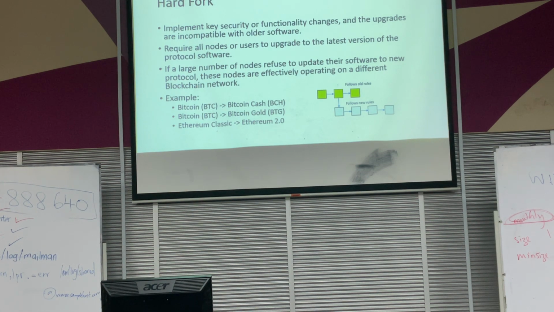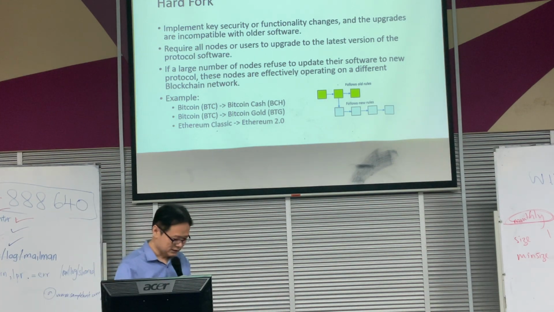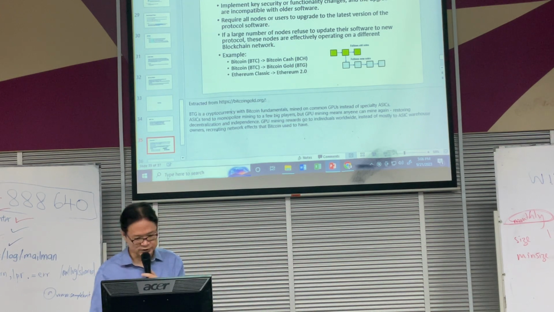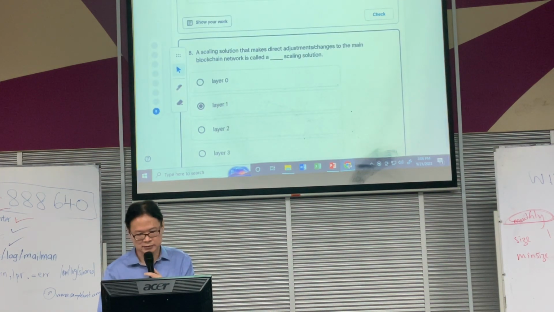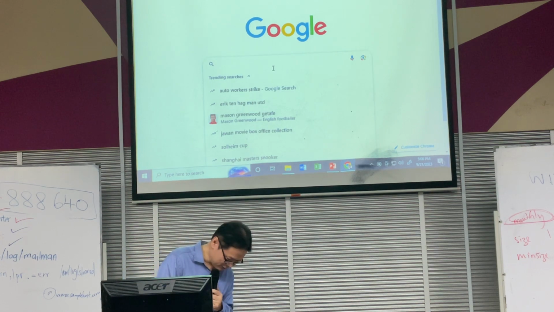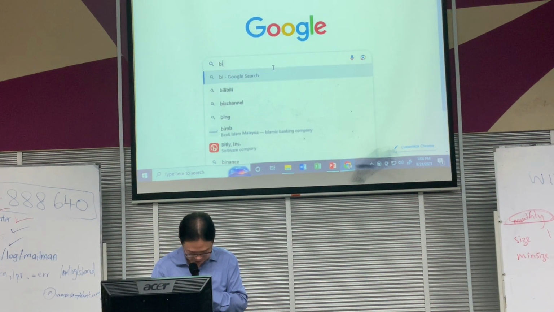I cannot remember the size already. I have a note here. Let me check. The block size was originally only 1 megabyte. I think Bitcoin Cash, if you check, is around 32 megabytes. My memory is no good already.